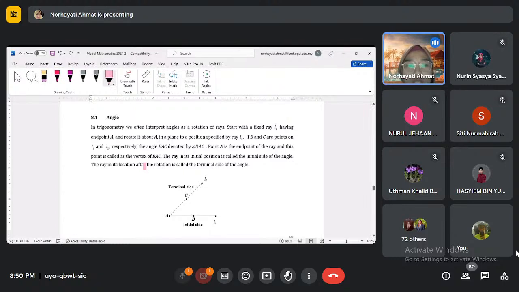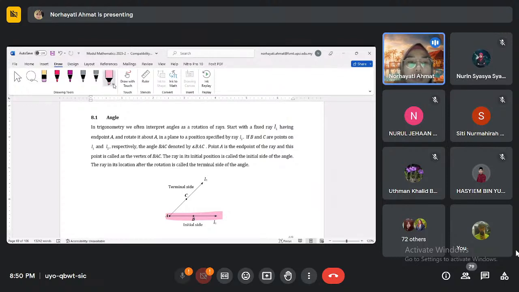This one. Okay, this is L1. We have an initial or fixed point labeled as A, and we have a ray labeled as L1, and then we move this ray to another position.